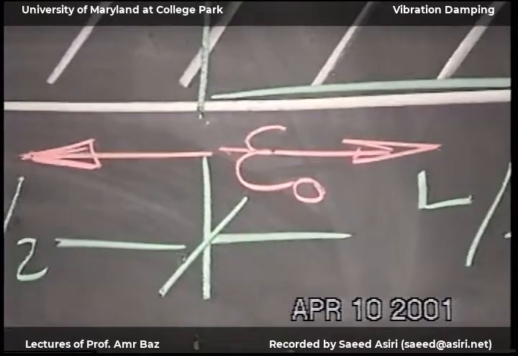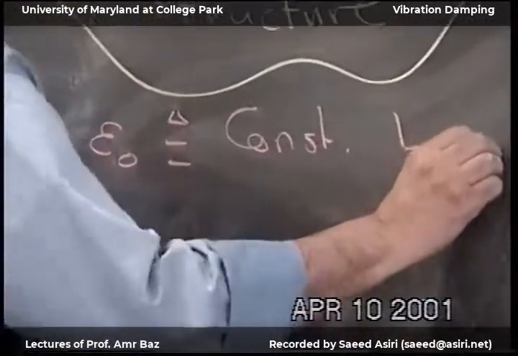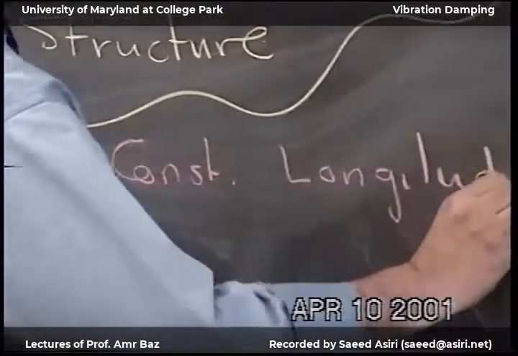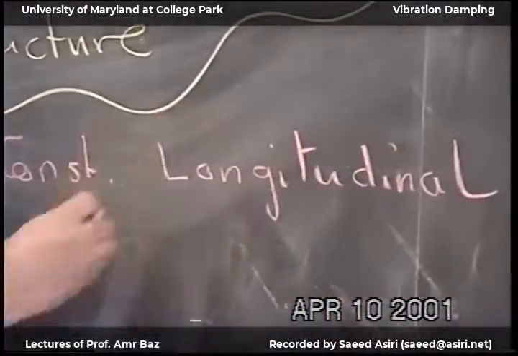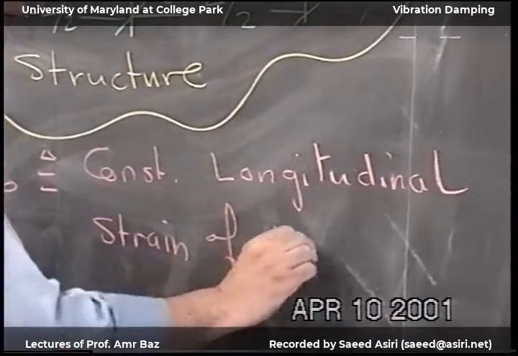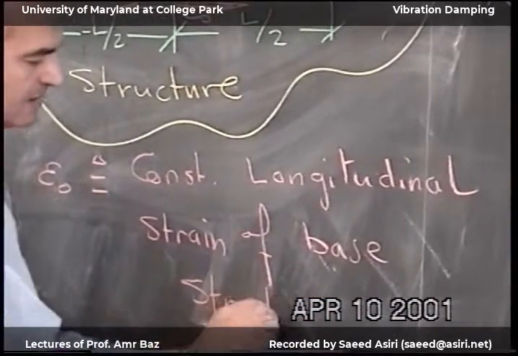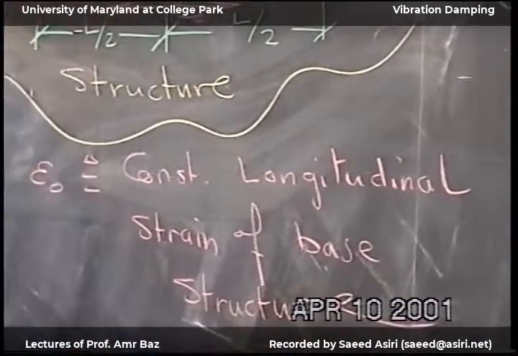So epsilon 0 is the constant longitudinal strain of the base structure.